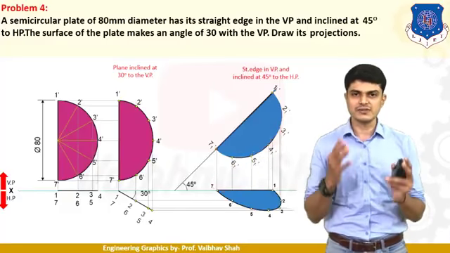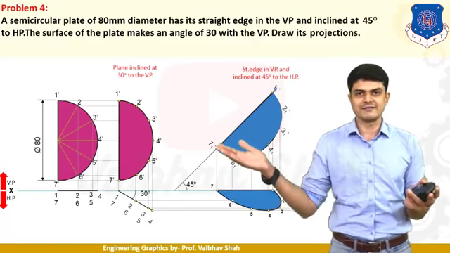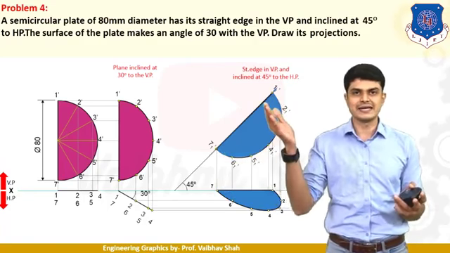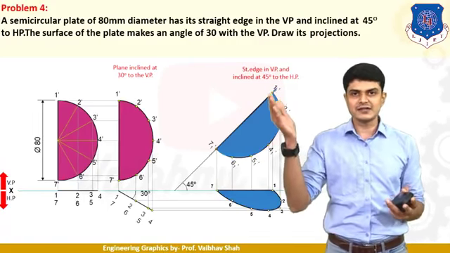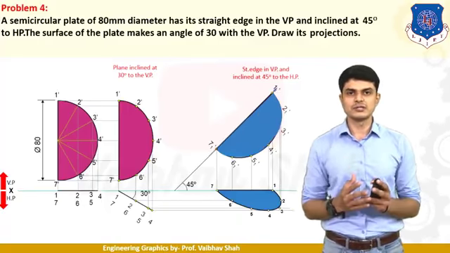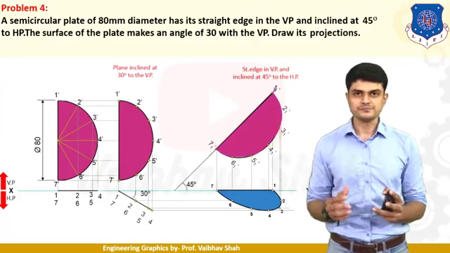So we should put 1 dash 7 dash inclined at 45 degree to HP. We should first construct one line at 45 degree to HP. Thereafter you should indicate any random point 7 dash on this line. From that you should specify 80 mm on this line in order to find out 1 dash. After that, let us find out the center of this line, and then let us redraw this figure of the semicircle like this. So this is nothing but the semicircle drawn.